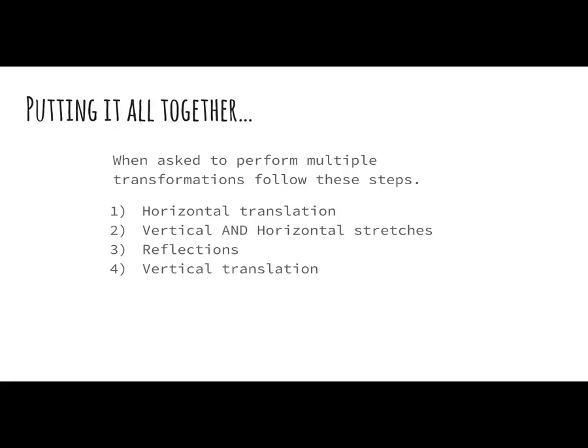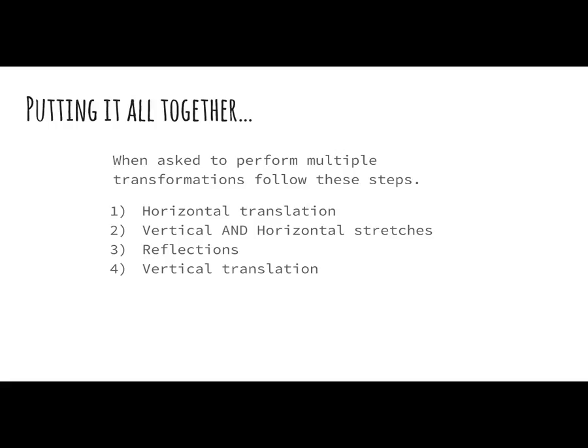First do a horizontal translation. Decide if it's moving left or right, and move it left or right. Then you can do the vertical and horizontal stretches in one step. So whatever you have to multiply the x by and whatever you have to multiply the y by, you can do that in the same step.